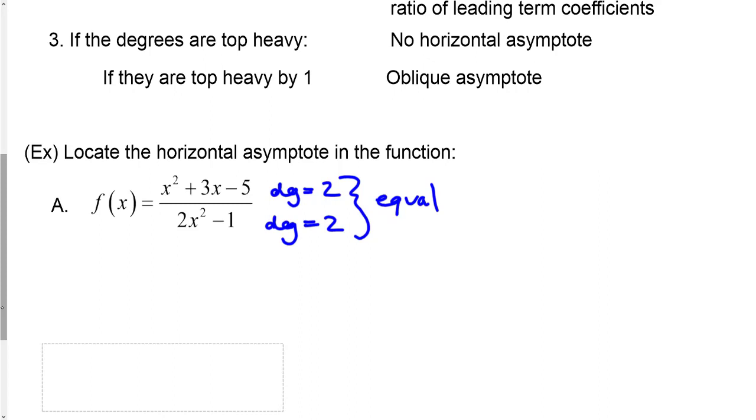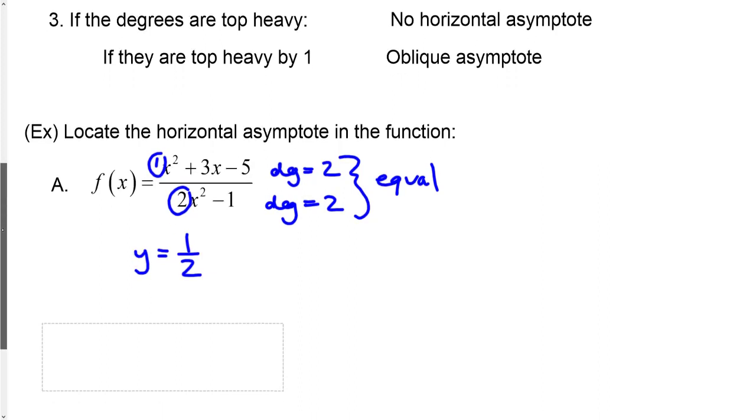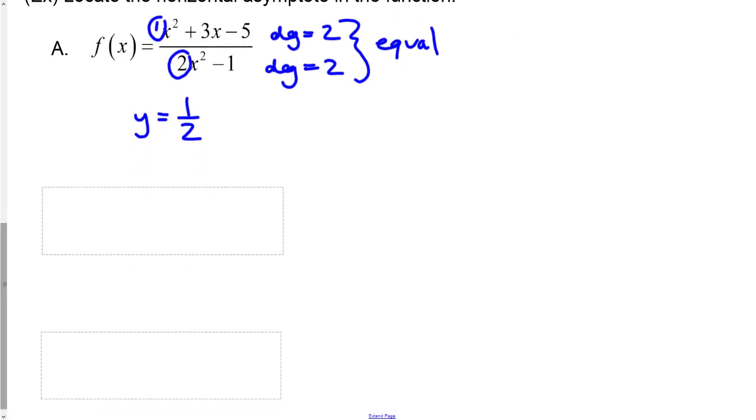So in this case, I have a horizontal asymptote at 1/2 because the coefficient on my x squared term in the numerator is understood to be 1. The coefficient on my leading term in the denominator is 2. So 1 divided by 2, I'm making a ratio or a fraction of those. So there's my horizontal asymptote.